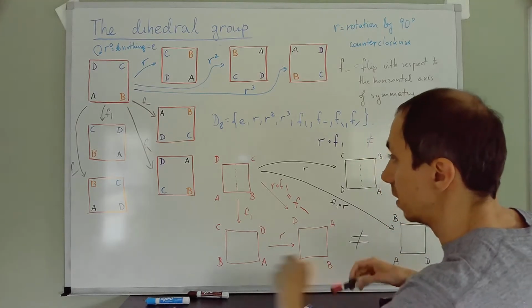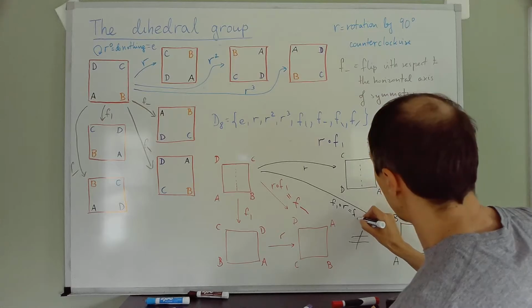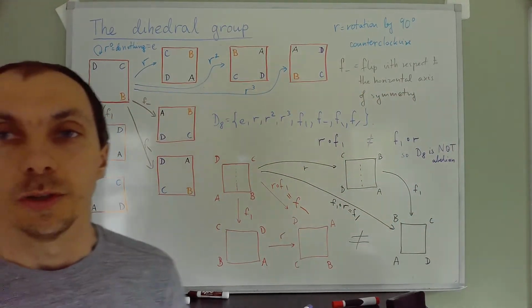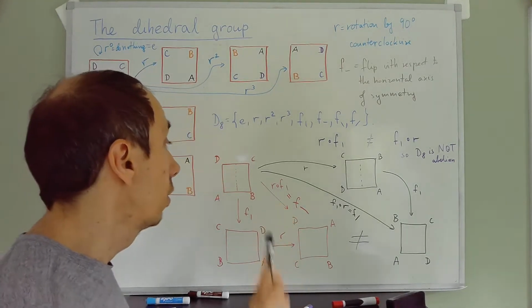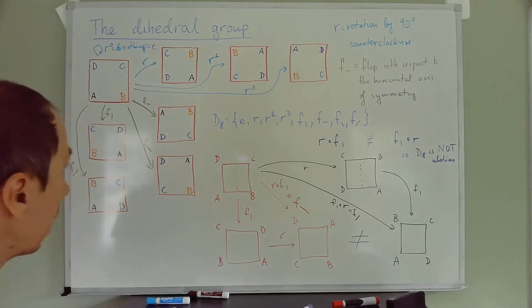So this thing here is the other flip. Yeah, so you see composing rotation by 90 degrees counterclockwise and a vertical flip in two different orders give you two different elements.